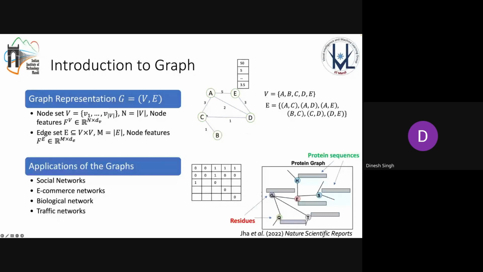Let's say here is one example graph, where A, B, C, D, E are letters representing the nodes, so they become the set V. Then how they are connected: this is an undirected graph, so AC also says CA is a link, but in a directed graph we need to specify both if both links exist.